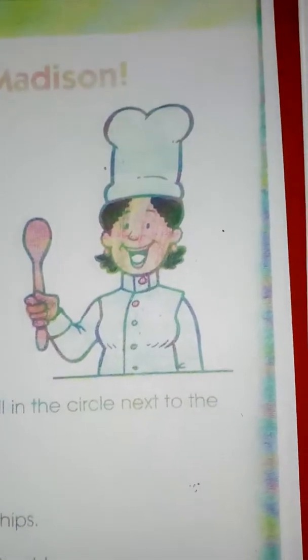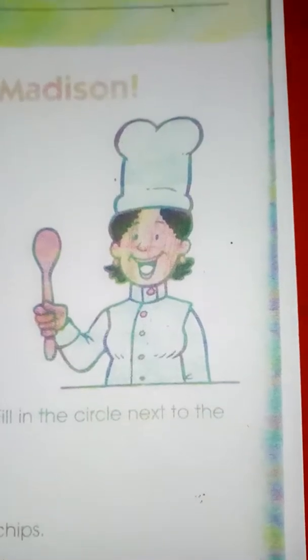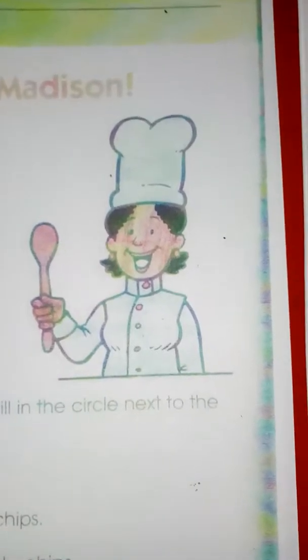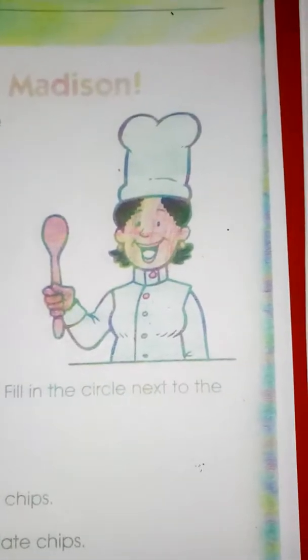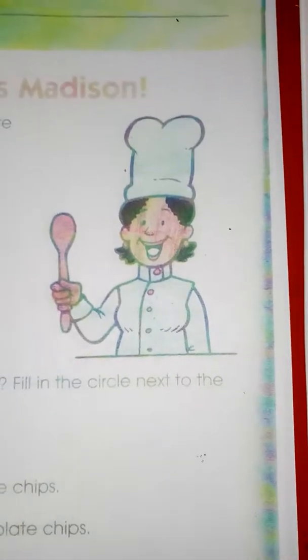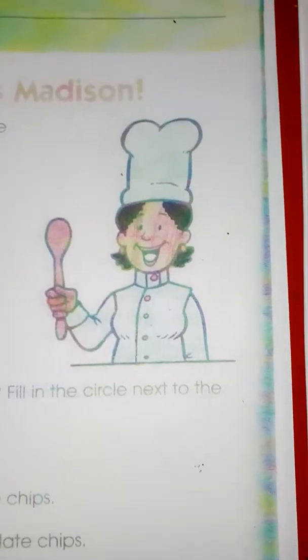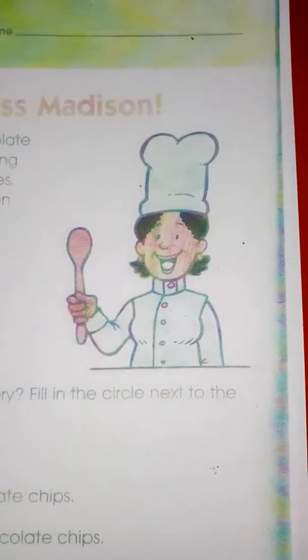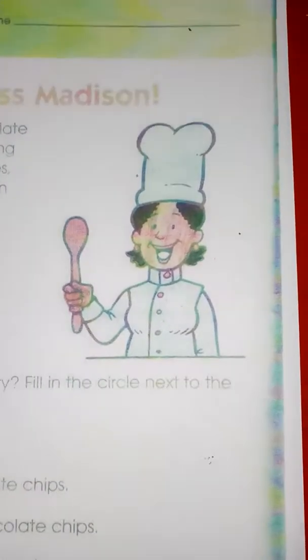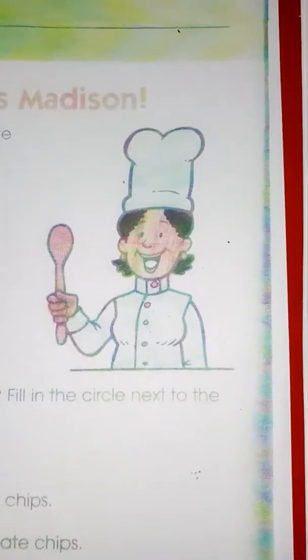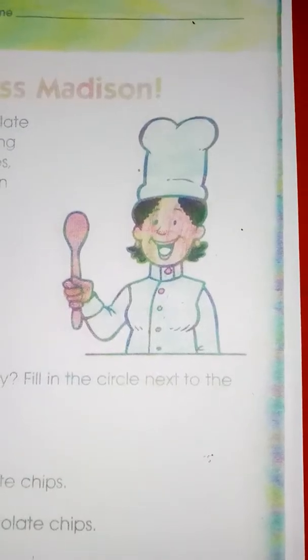Now, I see a picture of a woman, and she's in a chef uniform. So that means that she cooks. Okay, so maybe this has something to do with cooking, and maybe even with this woman cooking. All right, and I see she has a spoon in her hand. Now let's see if this has a title. Oh, I see a title.